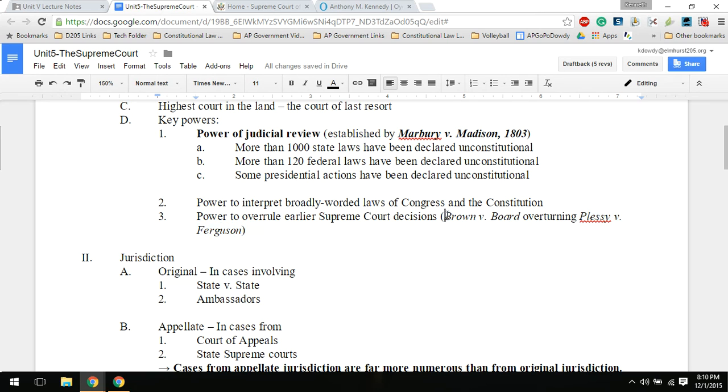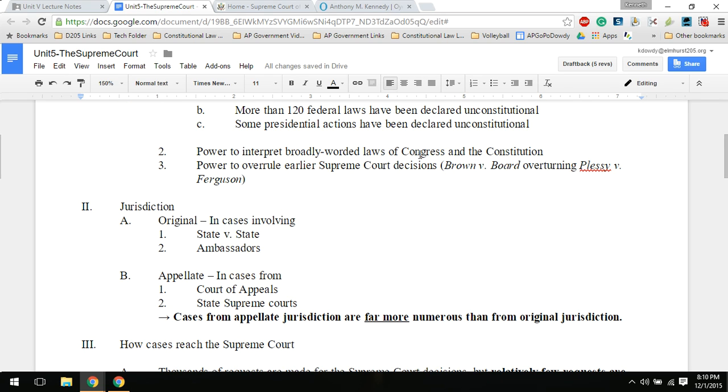Brown versus Board said separate but equal is inherently unequal. And so this case overturned this case. Again, the Supreme Court and even the lower courts rarely will overturn previous decisions because it doesn't look good if our court system is constantly overturning other decisions.